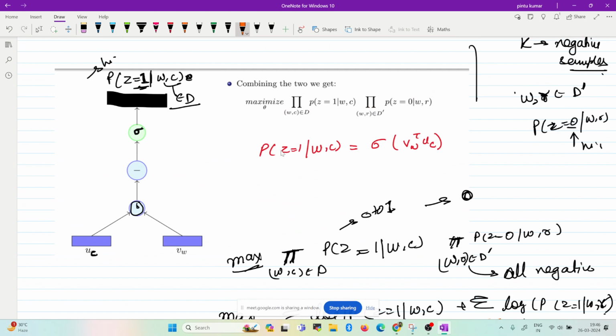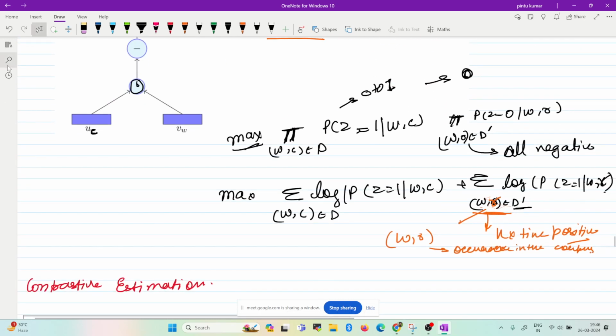And this probability Z equal to 1 given WC is modeled by your sigmoid function. That is, you just want to find UC transpose VW, or VW transpose UC.